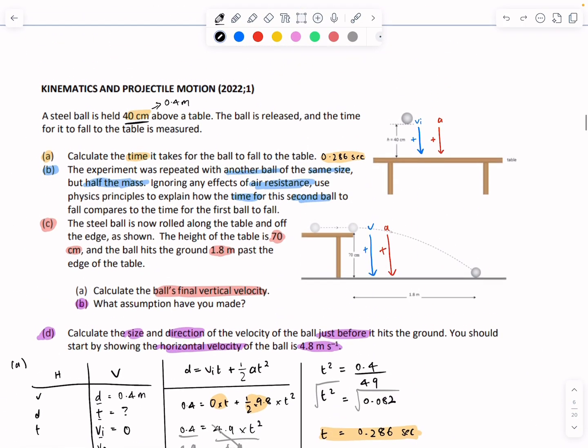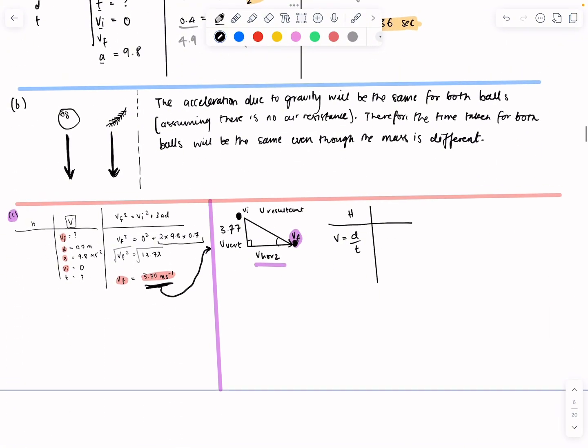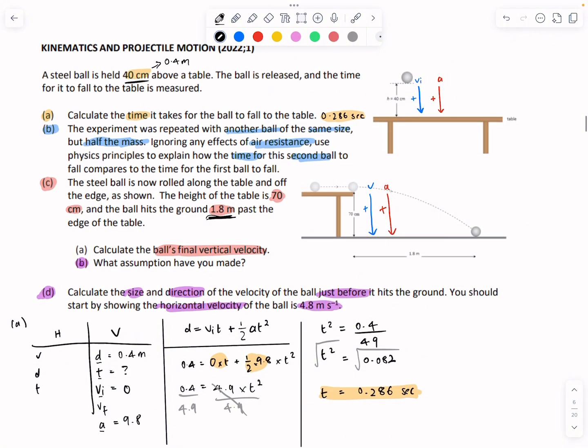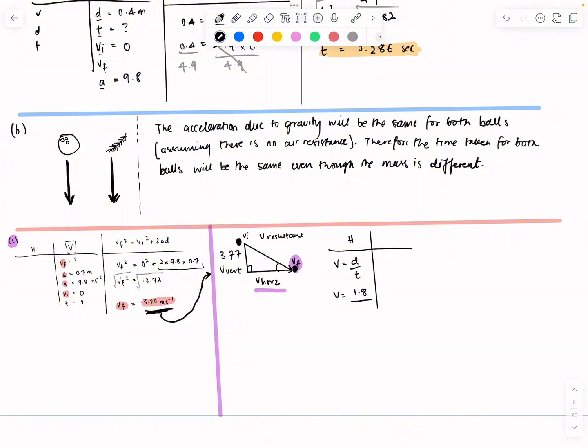The distance is 1.8 meters, okay? We know in this equation, distance is 1.8, okay? That's how far the ball hits or lands from the table. All we need is time, and then we can figure out this horizontal velocity.